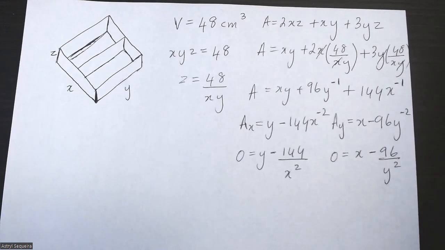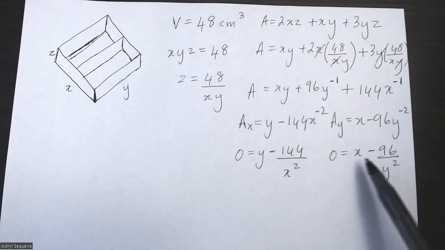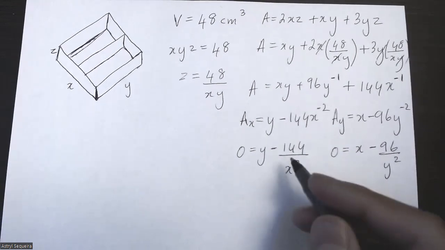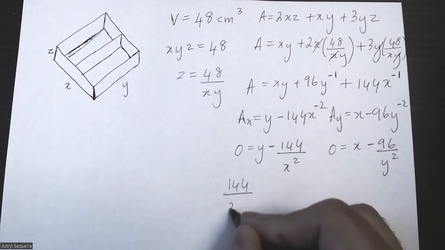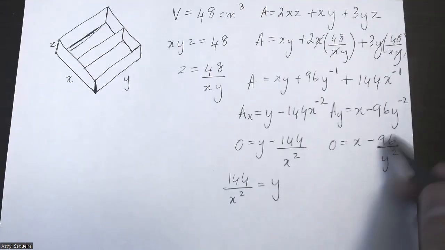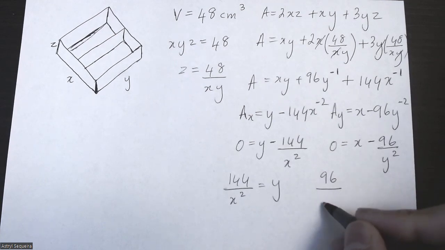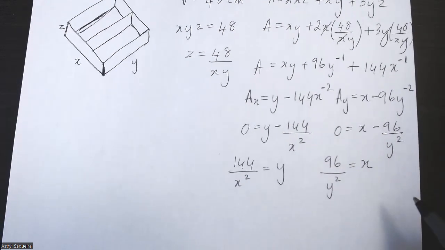And then I need to solve for either x or y here. So I'll move this term to the other side just to make it positive. 144 over x squared equals y. And over here, I'll move this term to the other side just to make it positive. So 96 over y squared equals x.